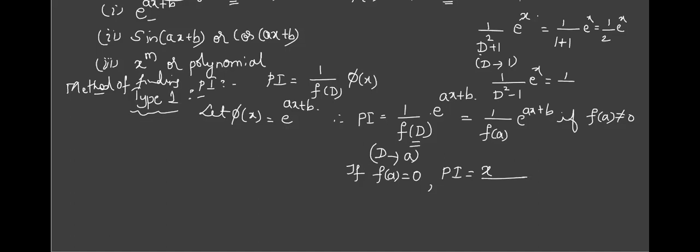So the derivative of f of D is f dash of D, and then e raised to ax plus b. Why are we doing this step? If the denominator is becoming 0, you have to proceed like this because you cannot do anything else. Multiply the numerator by x and differentiate the denominator. And one more thing, I'm not taking this as the differentiation of 1 upon f of x.